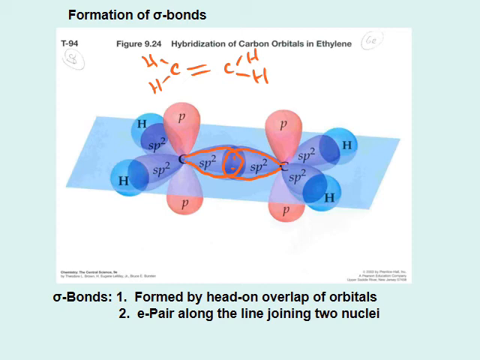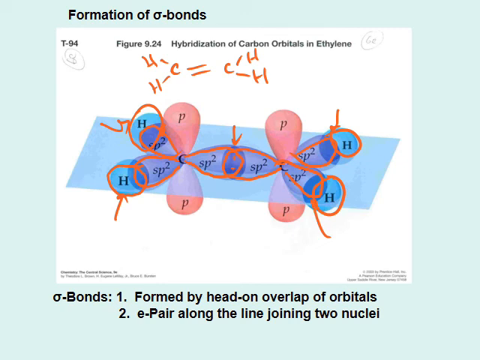It's as if they're shaking hands, they get a good grip. Similarly, sp2 of this carbon overlaps with 1s of hydrogen. The same sp2 of this carbon overlaps with hydrogen on this end. Each of these bonds is formed by head-on overlap, and these are sigma bonds. So here you can see there are five altogether: this is one sigma bond, this is the second, the third, fourth, and fifth.